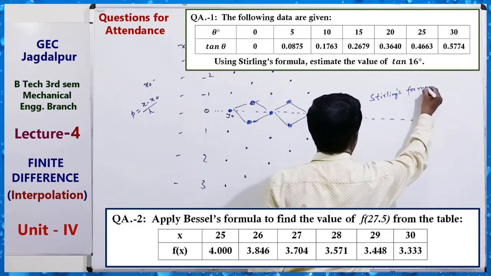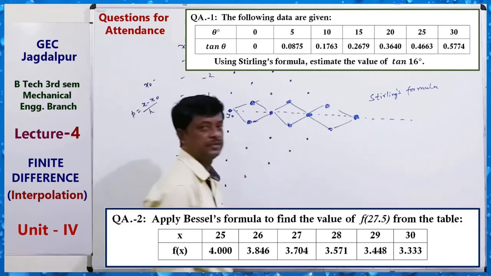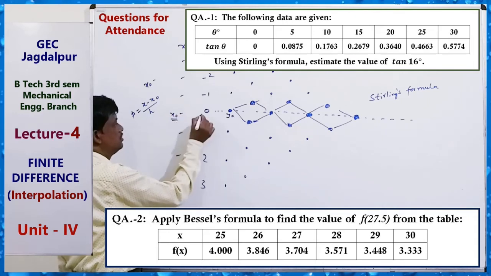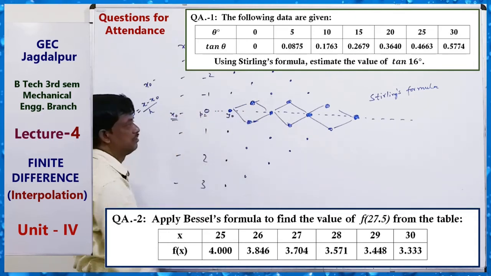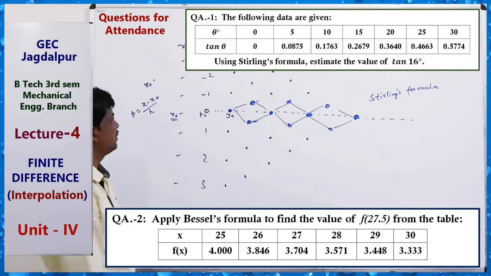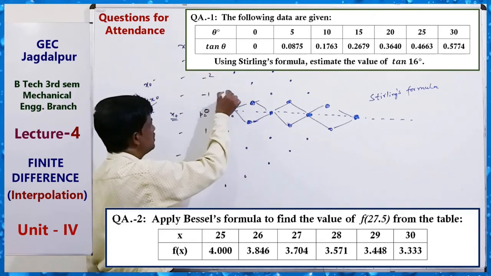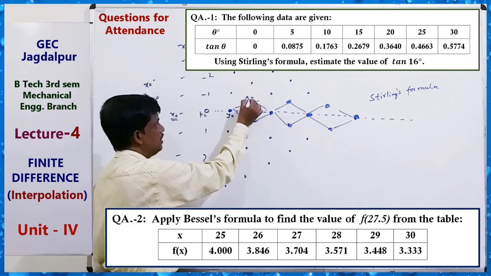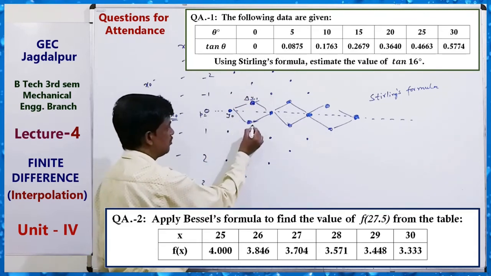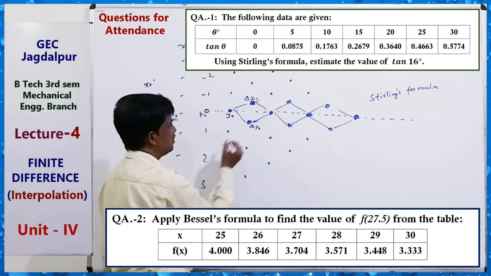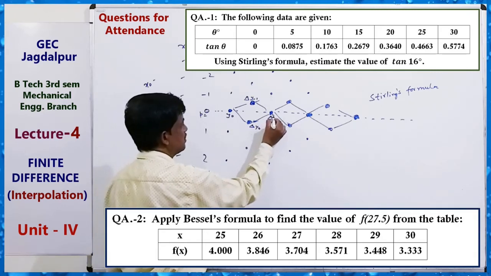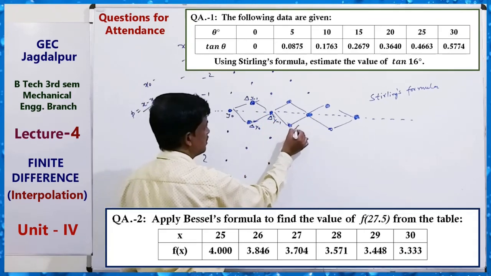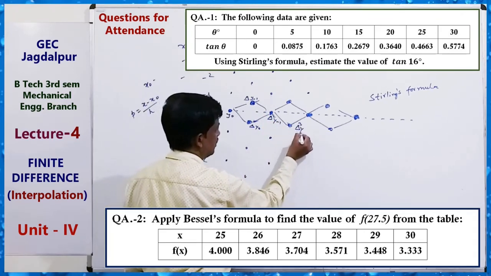Stirling's formula. Okay, this is x0, this is p. The forward differences: this is the first difference at -1, the first difference at y0, this is the second difference at -1, this is the third difference at -1.